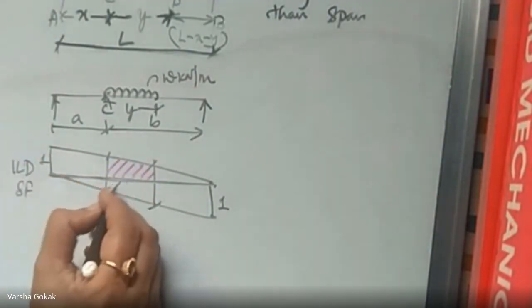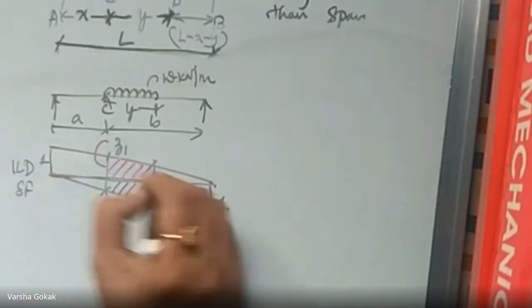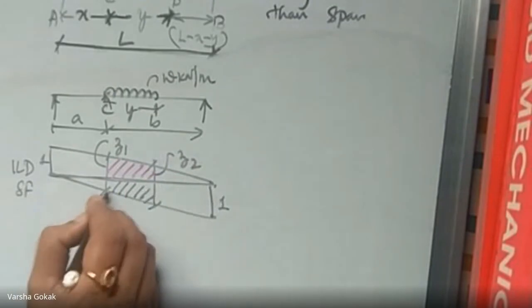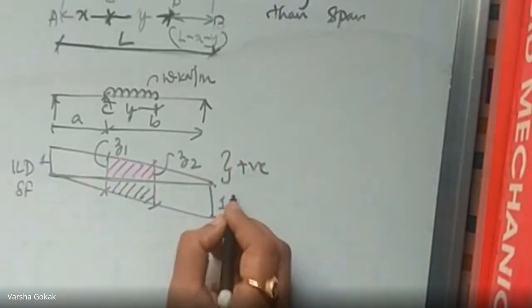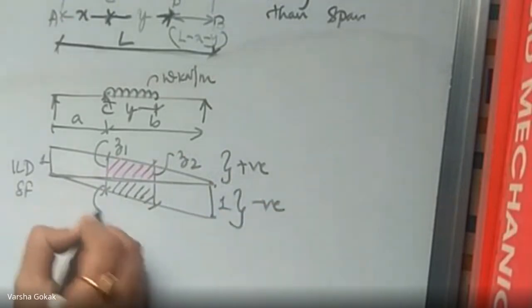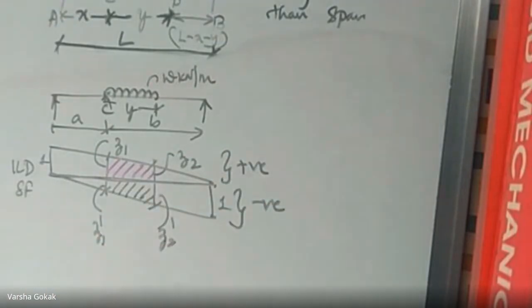When I'm dealing with negative shear force, I will consider this area. So it is important we find Z1 and Z2 for the first, that is the positive area, and then this would be negative. Here I'll call it Z1 dash and Z2 dash. Okay, so find these Z1, Z2, Z1 dash, Z2 dash, and then substitute and get the value of the shear force.